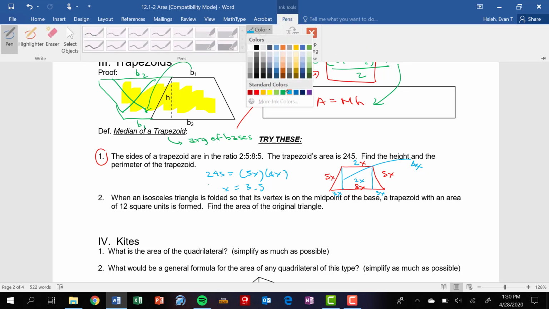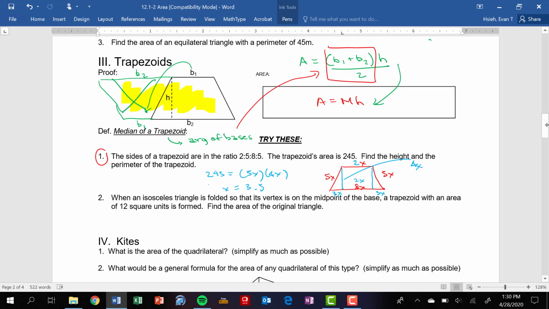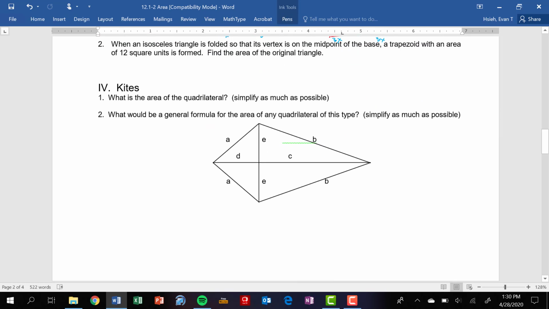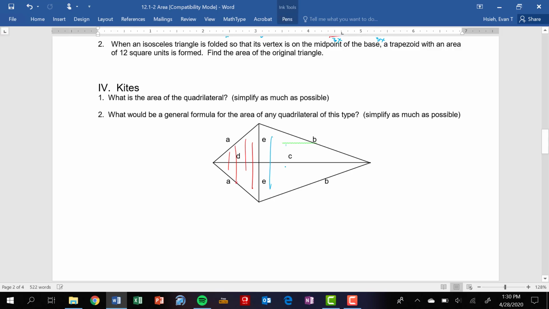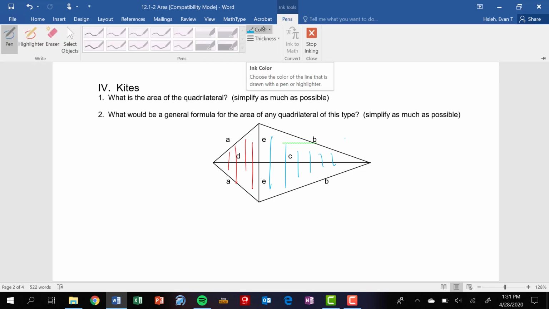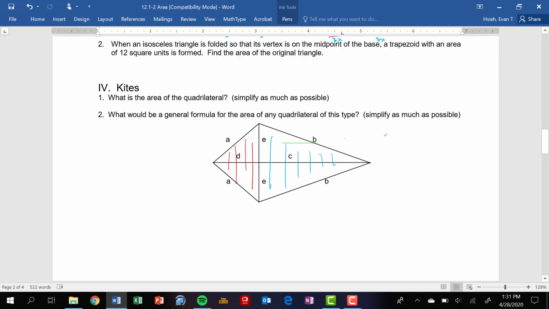All right, let's move on to kites. And there's a nice little derivation here. If I work with these triangles separately, I know that the area of this kite is going to end up being, if I look at the blue portion first, 1/2 of the base, which is 2e, times the height, which is just c.